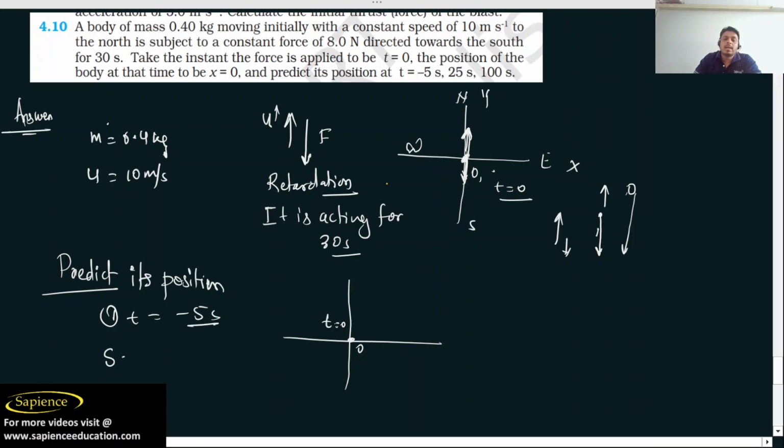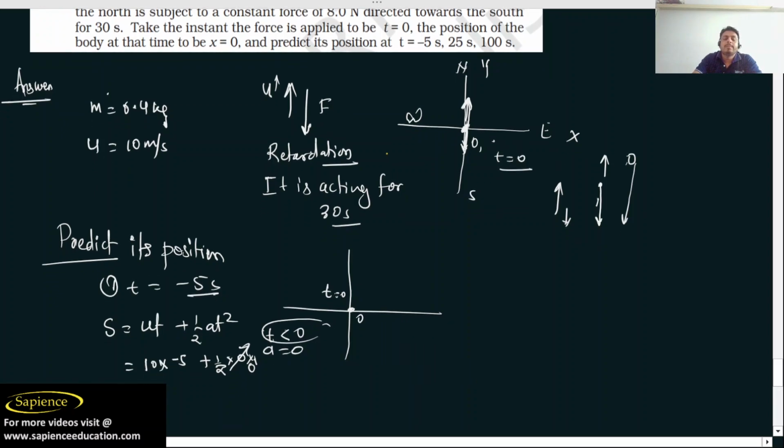So position s is equal to ut plus half at square. As before t equal to 0, that is time less than 0, no acceleration is there, so it will be 0, and initially its velocity was 10 meter per second, into time is minus 5, plus 1 by 2 into acceleration, for time less than 0 acceleration is 0, into t square, so this is 0.